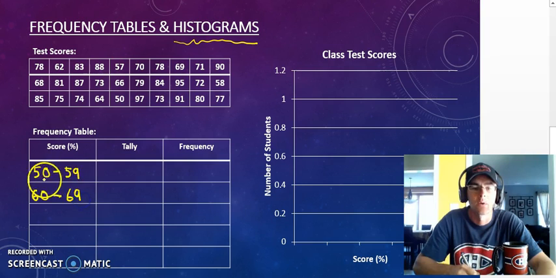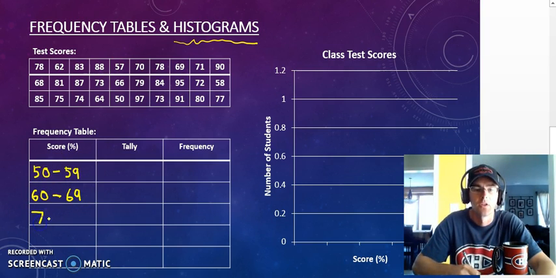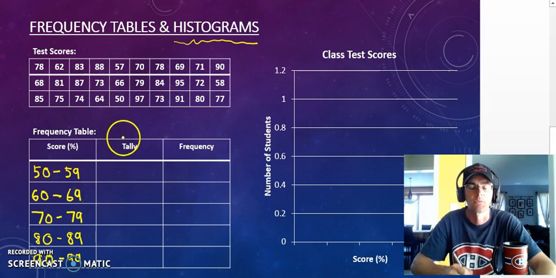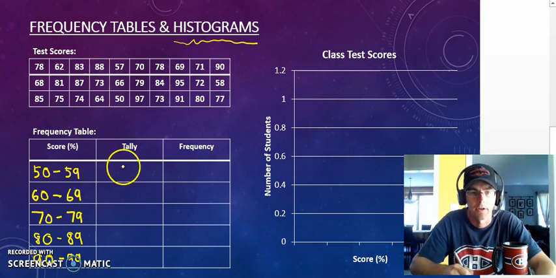And if you were to count the size of these intervals, they all equal 10. They're all the same. You have to make sure they're all the same to avoid bias. 70 to 79, 80 to 89, and 90 to 99. No one got a perfect 100%, so we don't have to worry about that right now.